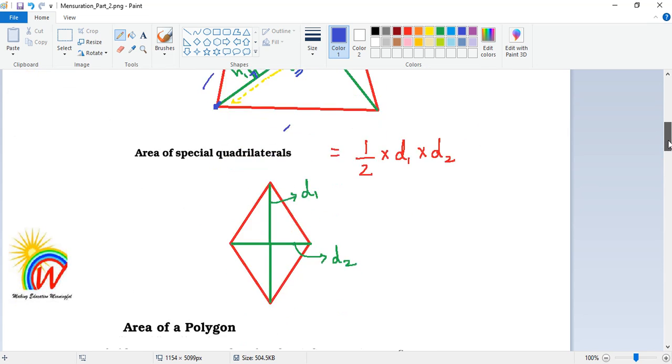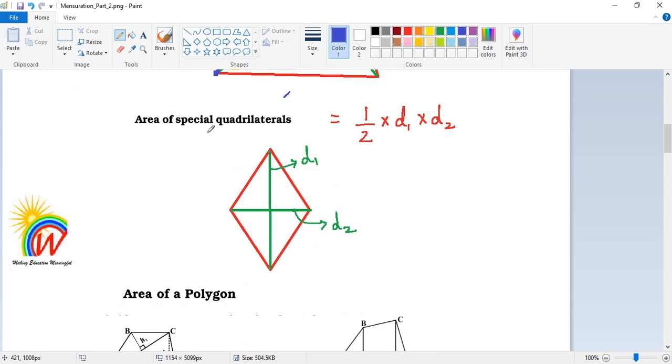Now there is another special quadrilateral, that is a rhombus. This is the area of a rhombus. In a rhombus, all the 4 sides are equal and also the diagonals intersect each other perpendicularly, exactly in the middle, like this.